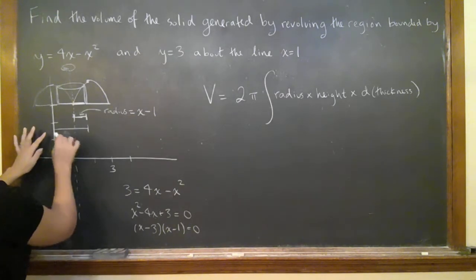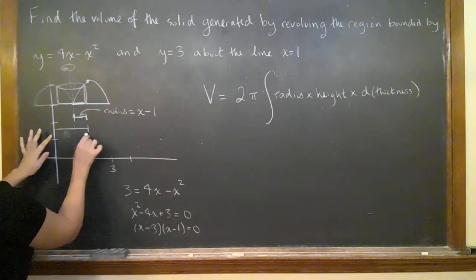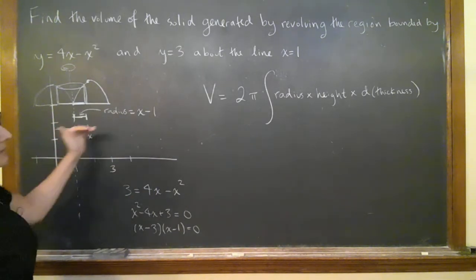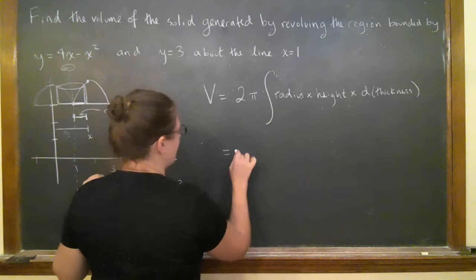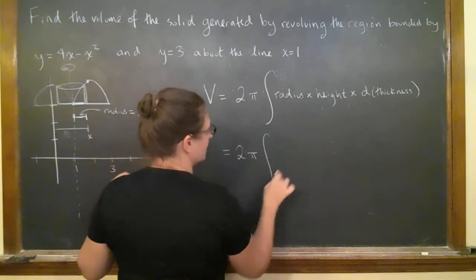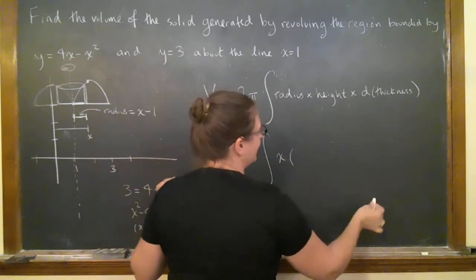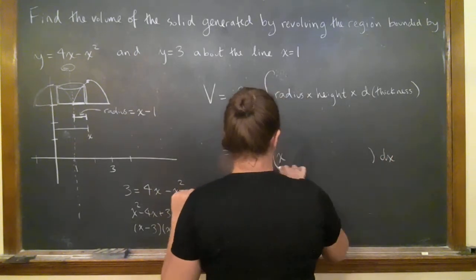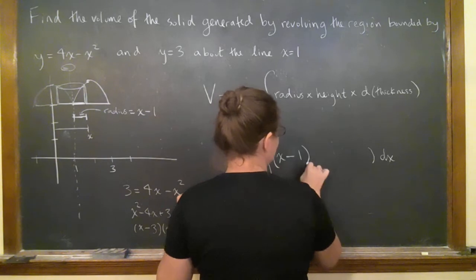So this whole thing out to here is the point at x. And so I'm going to be integrating with respect to x. We'll fill out the height in a minute. dx, whoops, but I need the radius, which is going to be x minus 1.